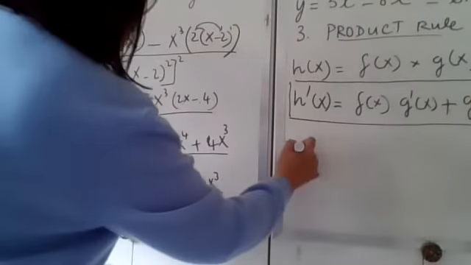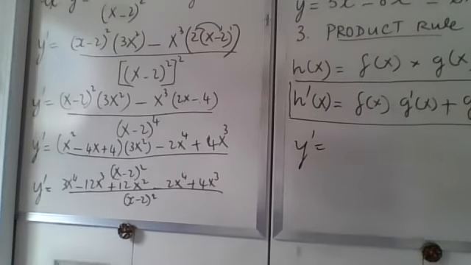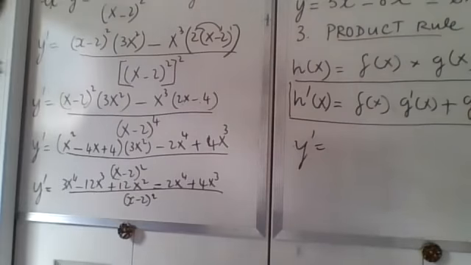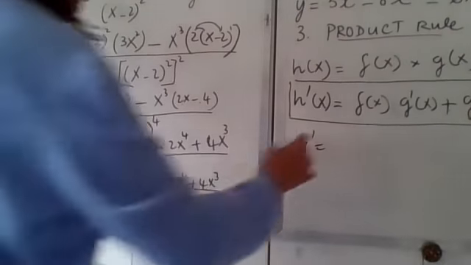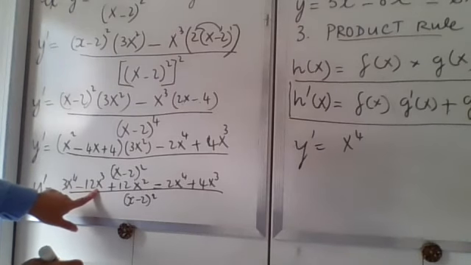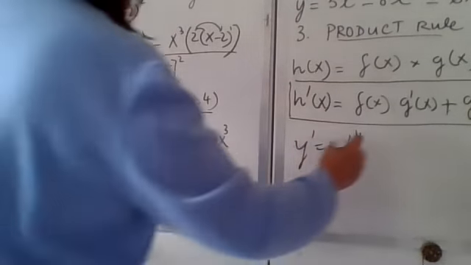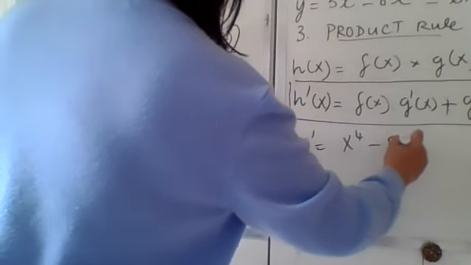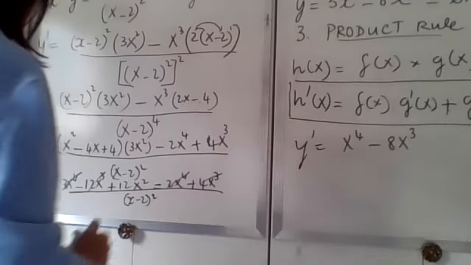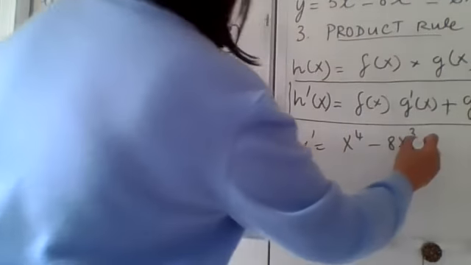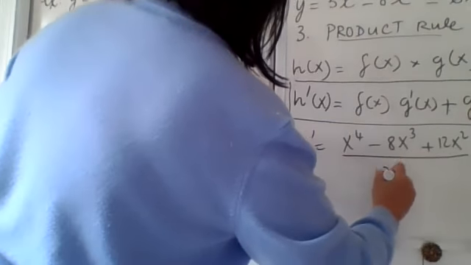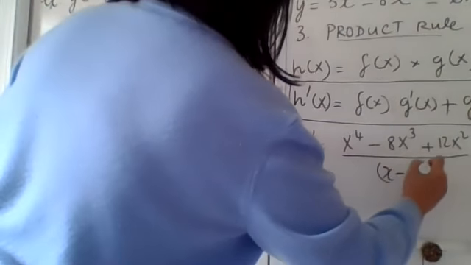So our y prime will be equal to 3x to the power 4 minus 2x to the power 4, which becomes x to the power 4, minus 12x to the power 3 plus 4x to the power 3, so it becomes minus 8x to the power 3, plus 12x squared, all of this over x minus 2 squared.